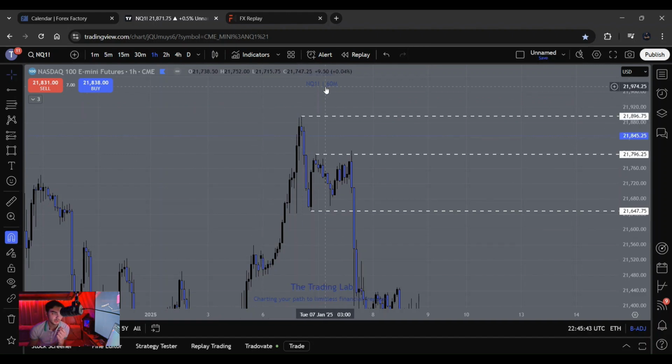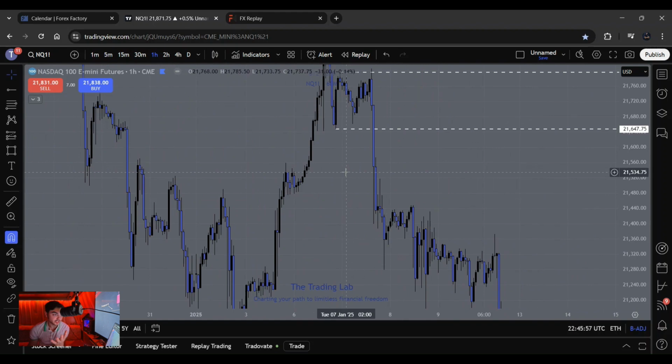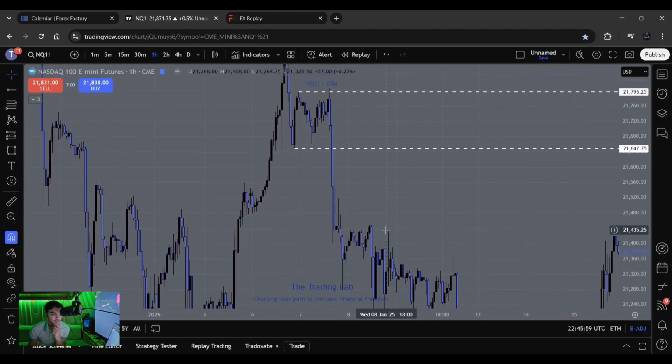So move up, move down, that creates a high. Then move down, then moving up creates a low. Then it moves down again, creates a high. Pretty simple. It's literally basic market structure. Move up, move down, high, moves up again, that's a low, new high if it moves back down. Simple.